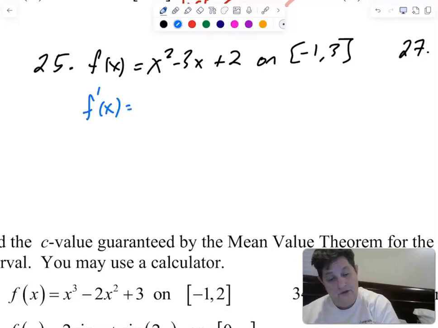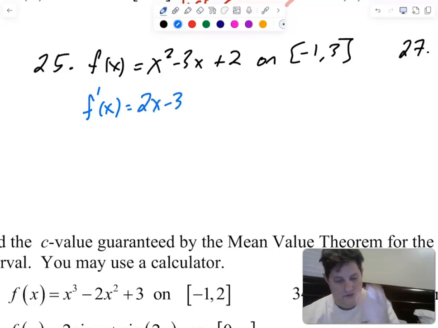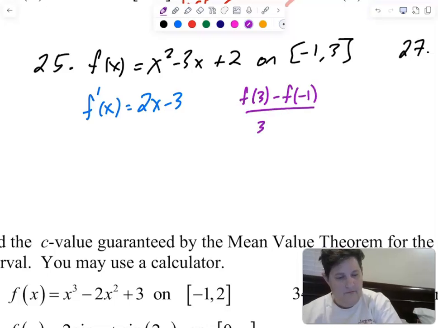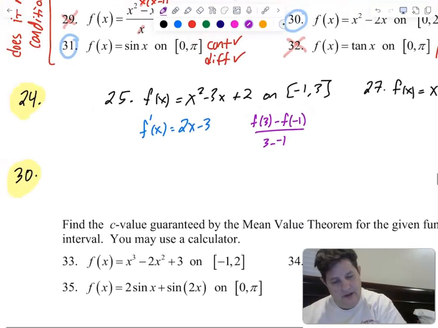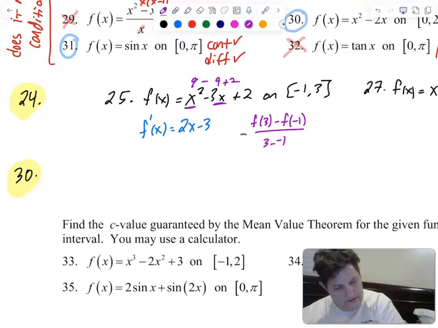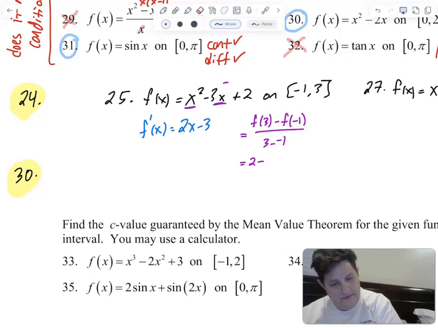The derivative is x, and then we do the slope. From -1 to 3, I go f of 3 minus f of -1 over 3 minus -1. f of 3 just means that I plug in 3, so 9 minus 9, 2. And then f of -1, I plug in 1 plus 2.